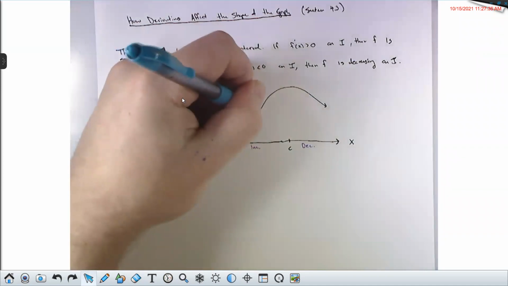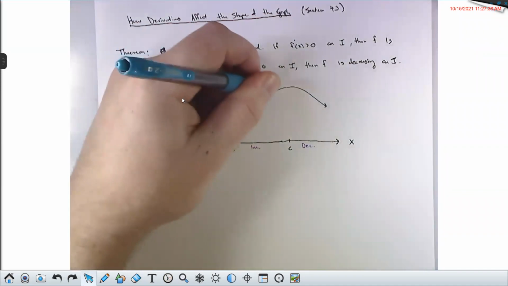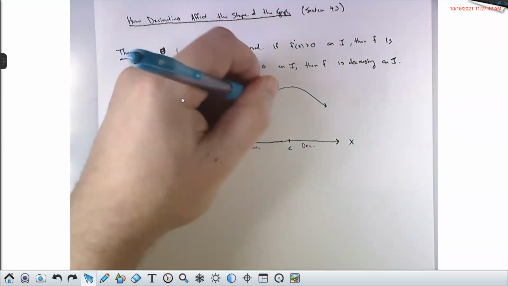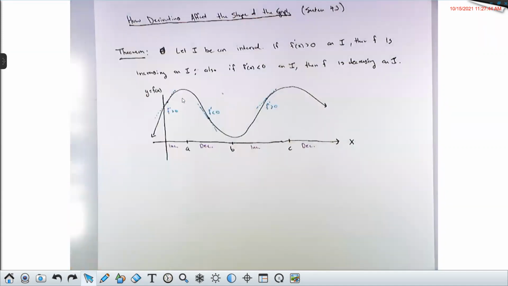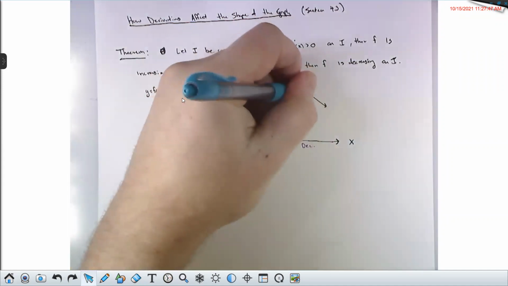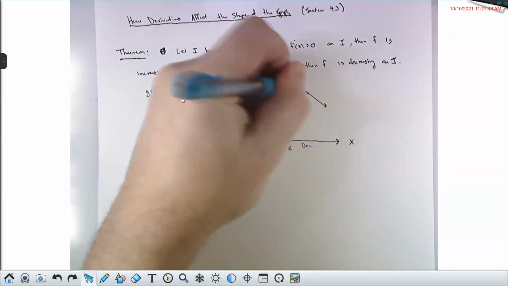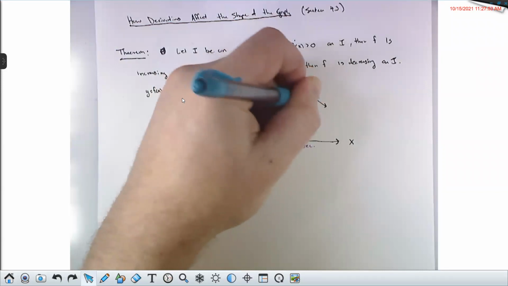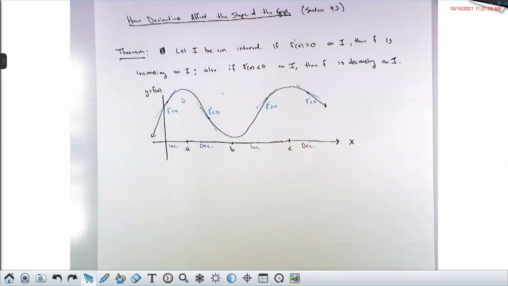And the same is true at all these other guys, right? So up here, f prime is positive because that tangent line is positively sloped. And over here, f prime is negative because the tangent is negatively sloped.